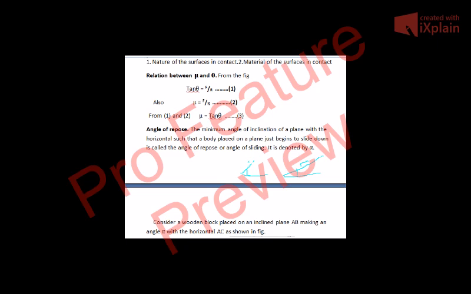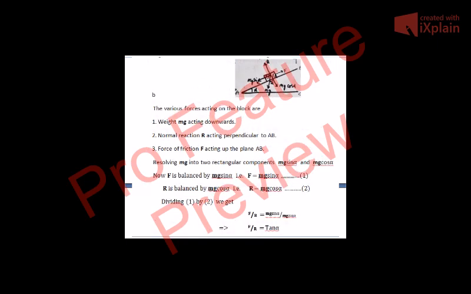Now consider a wooden block placed on an inclined plane AB, making an angle alpha with the horizontal AC as shown in the figure. You can see we have a plane which makes an angle alpha with the horizontal. As you can see, angle alpha is the angle of repose.